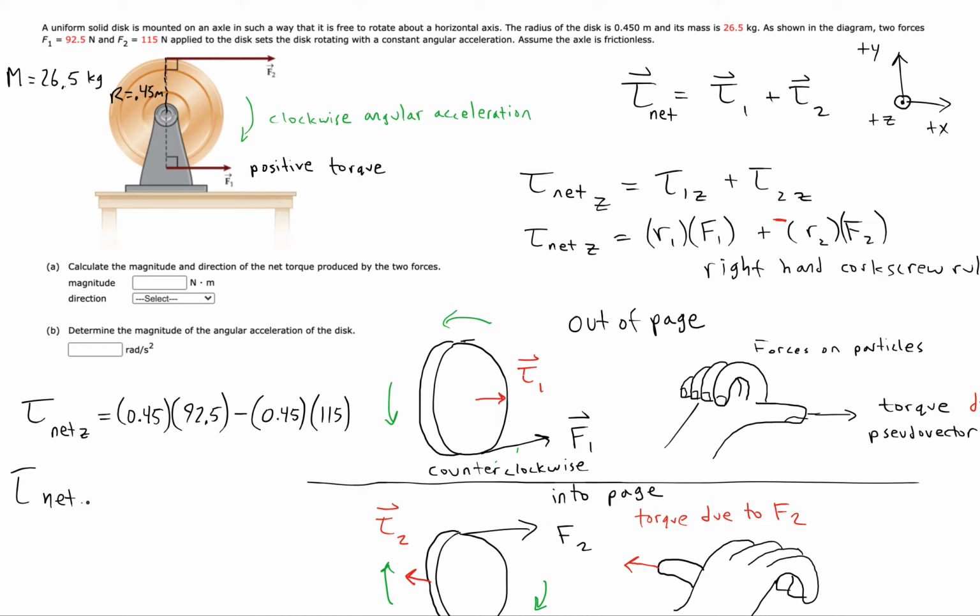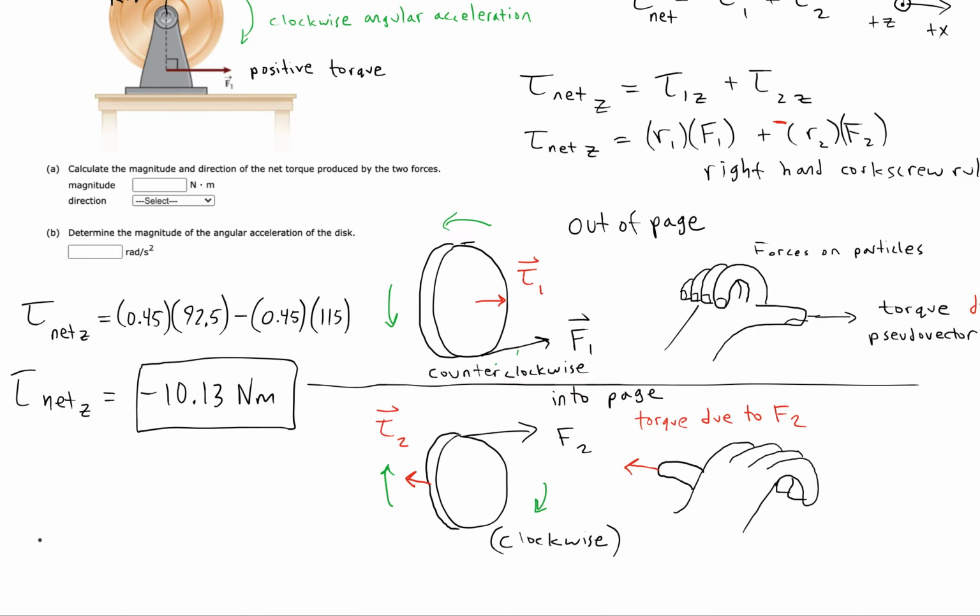So our net then, negative 10.13. Alright, not surprisingly, the final result came out negative, which means this disk is going to ultimately want to spin clockwise, because the force 2 just like wins versus force 1.